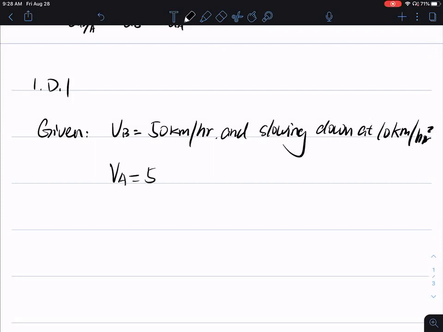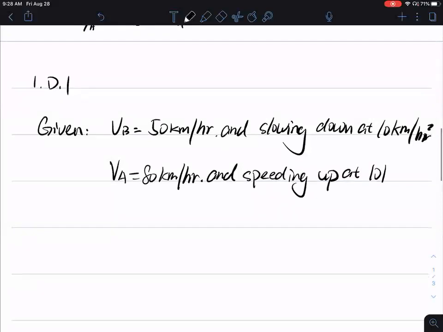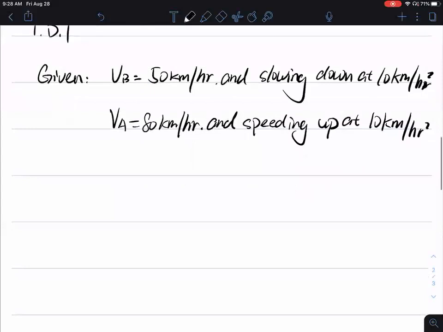We know both their speed and acceleration. So car A is slowing down, car B is speeding up. And what we want to find is the relative acceleration.